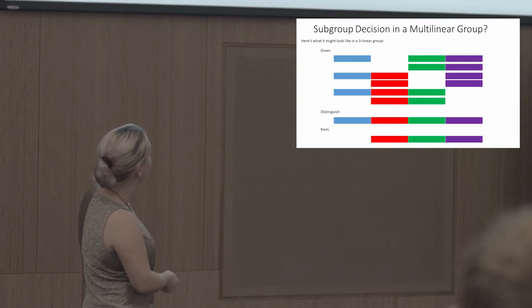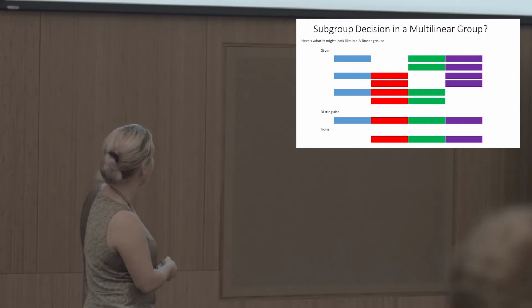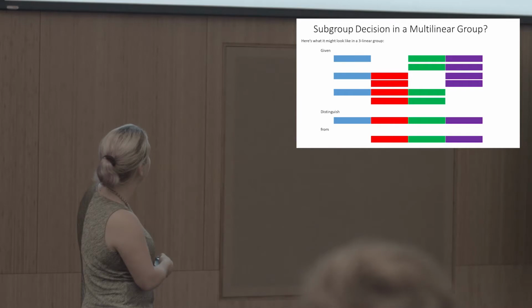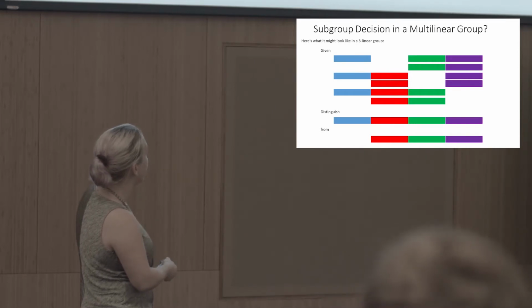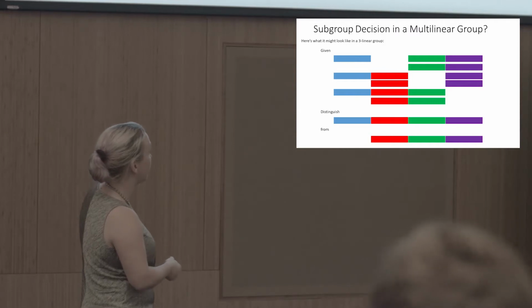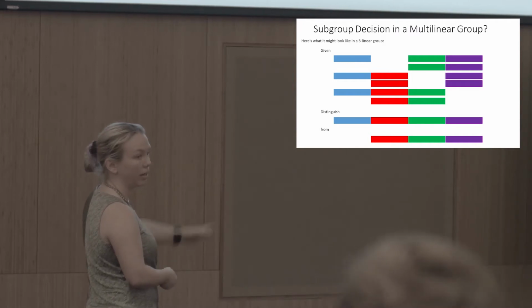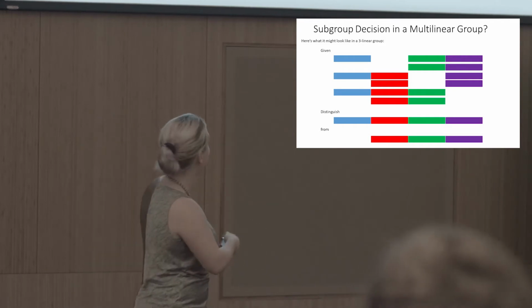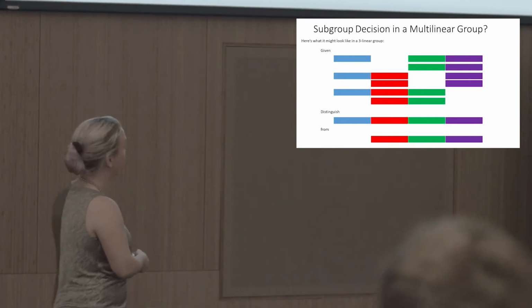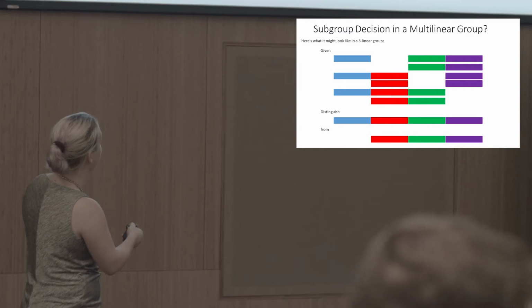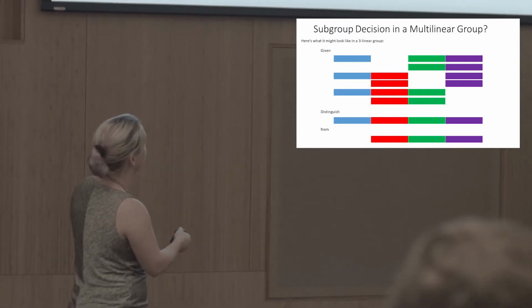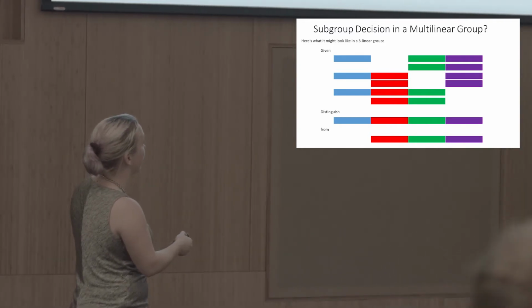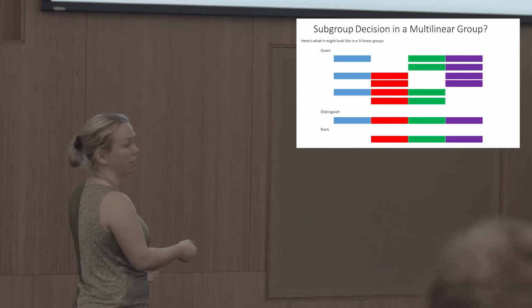And if you played around with this for long enough, you would convince yourself that if I'm going to see the difference between these two things, I somehow need to cancel the red, the green, and the purple. All three are kind of blinding factors obscuring this difference in the blue. And so if I want to get rid of red, I have to pair against something that's missing red. But all the things that are missing red still have green and purple.